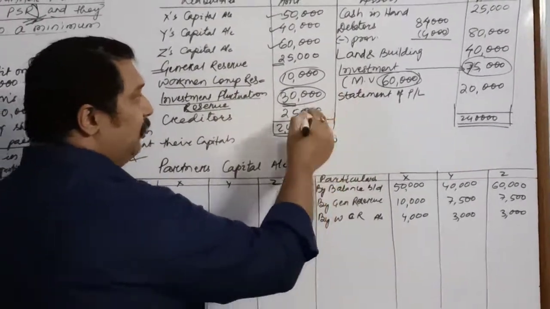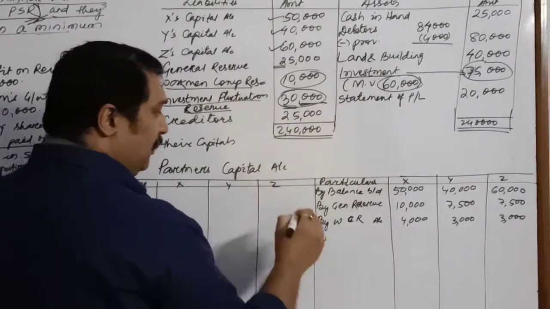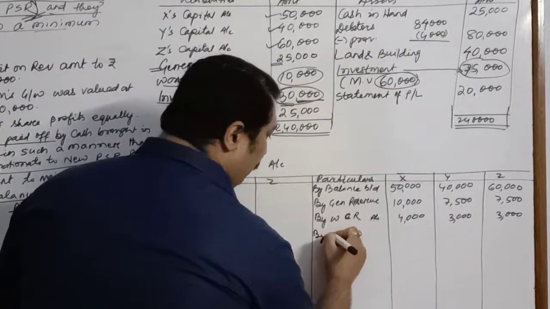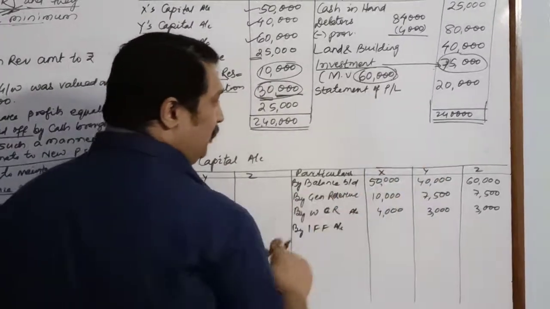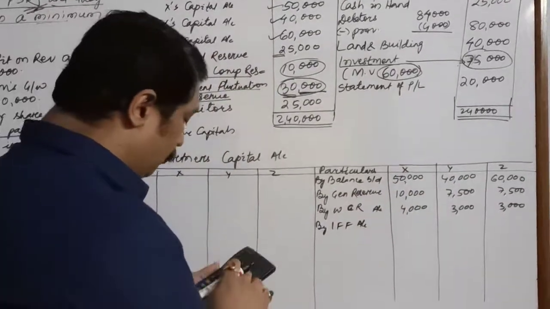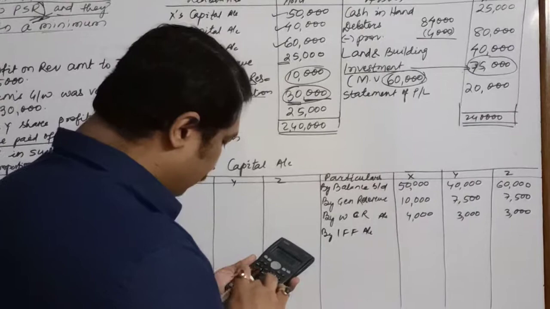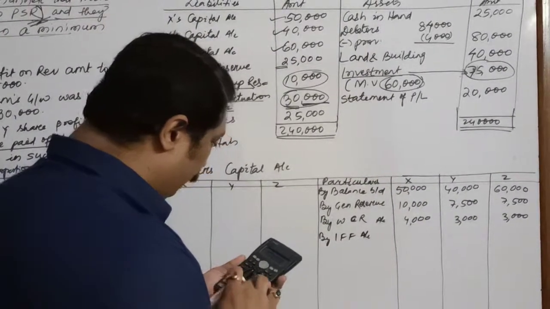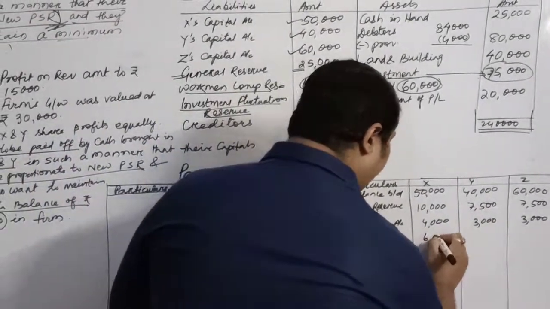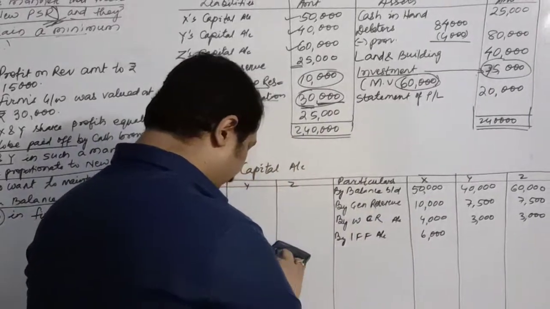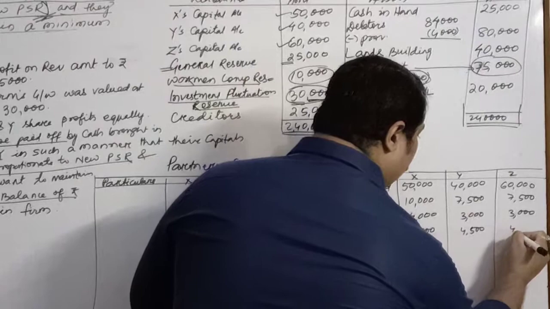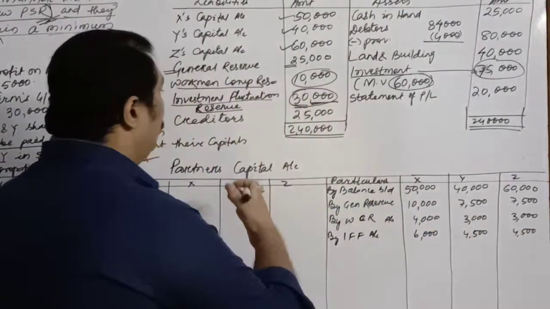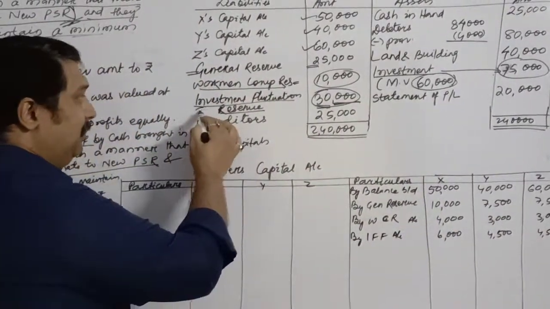After compensating the loss, you are left with a fund of 15,000. That 15,000 will be distributed amongst the partners in the old ratio. So 15,000 divided by 10 into 4, it is 6,000, and 4,500 and 4,500. So this is how we have done the working for the investment.